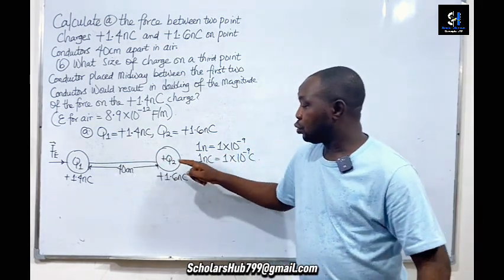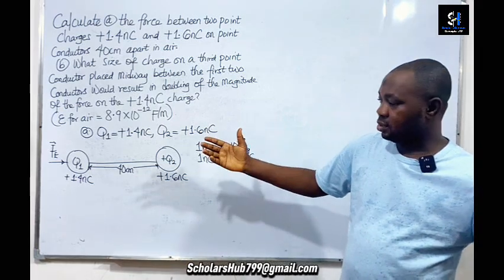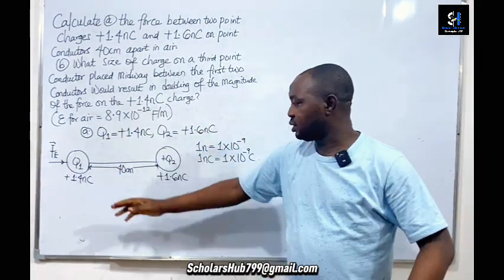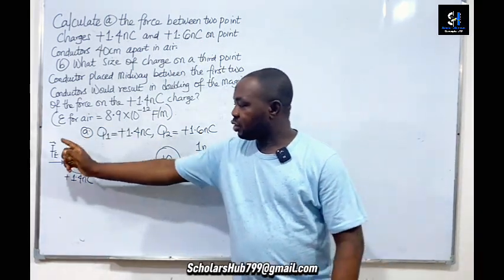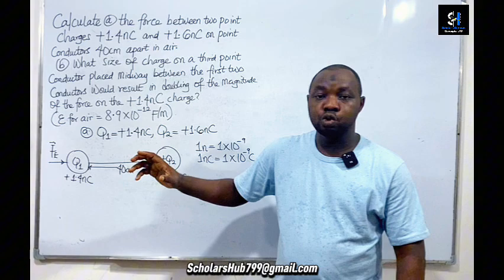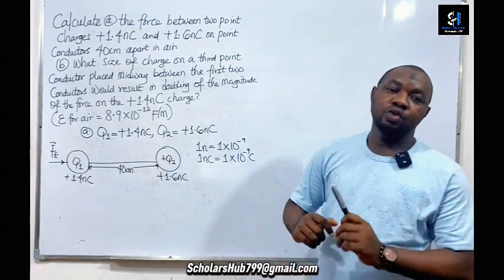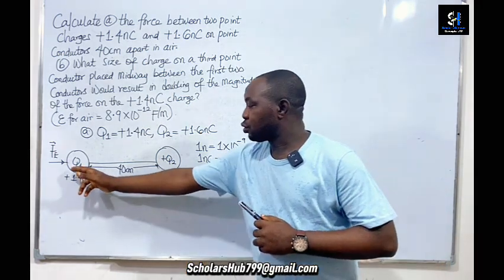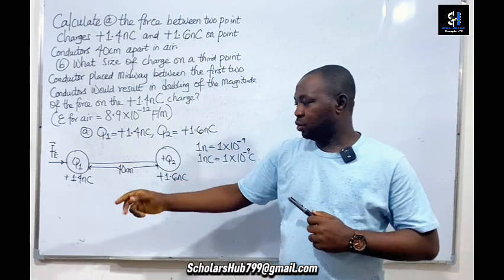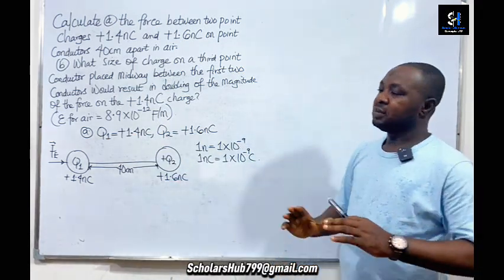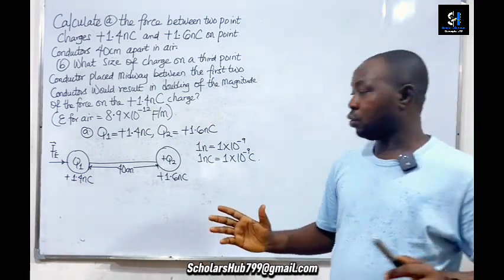The two conductors are separated at a distance 40 centimeters apart. So when an electric force acts on any of the two charges due to the other, the electric force will be proportional to the product of the magnitude of the two charges and inversely proportional to the square of their distance of separation, and that's the statement according to Coulomb's law.